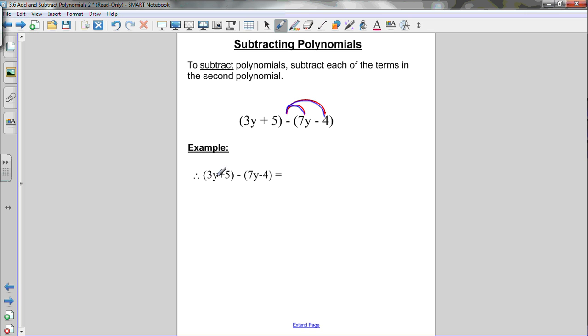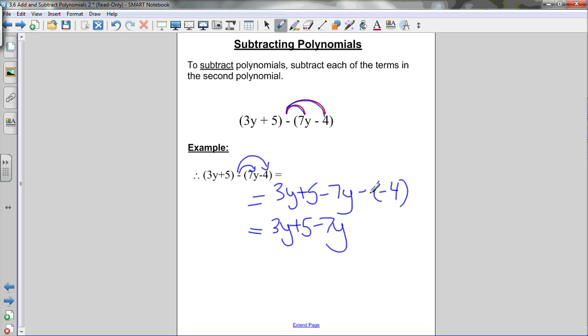So if I want to do 3y plus 5 minus 7y minus 4, I need to do 3y plus 5 minus, I need to subtract the 7y, and I need to also subtract the negative 4. So I've distributed that negative sign to the 7y and to the negative 4. Now I'm going to simplify the signs.